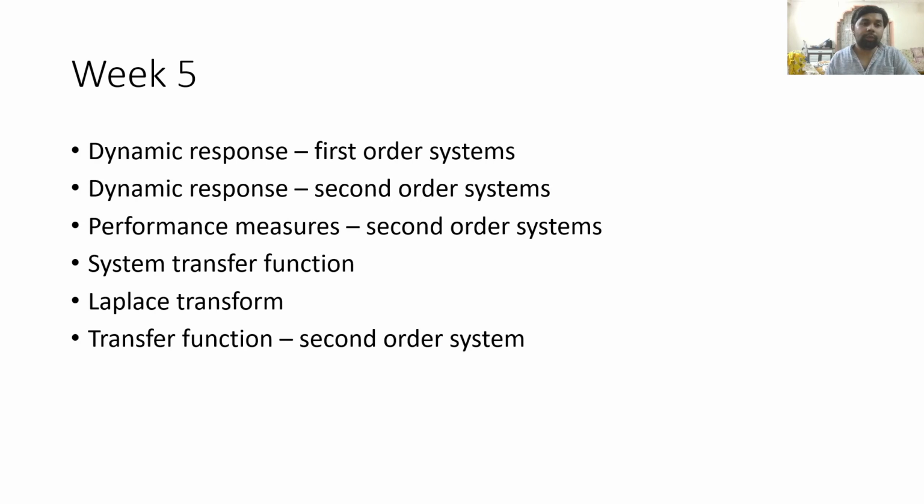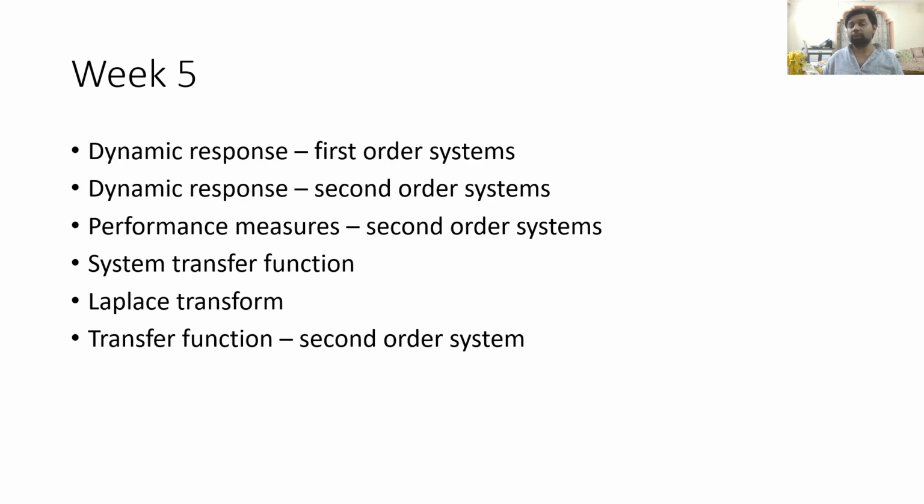Then the content for week 5 was basically dealing with the dynamic response for first order and second order systems, and then how we define some performance measures by which we can quantify the performance of second order systems.